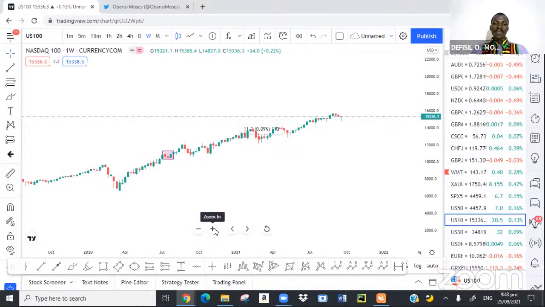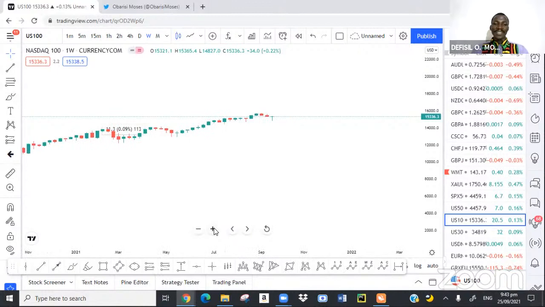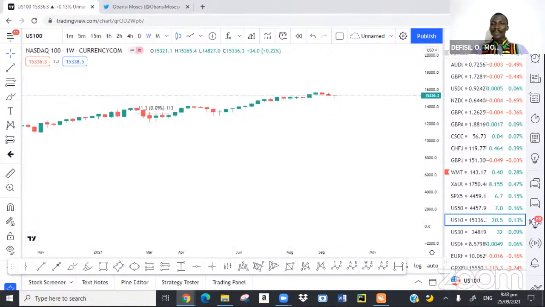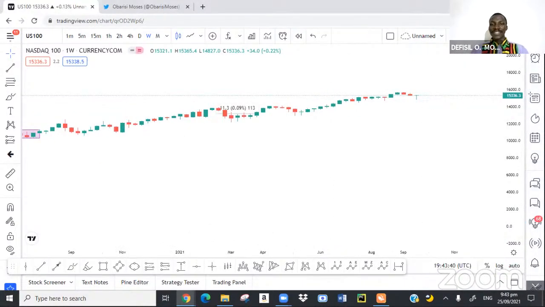I know some smart traders have already seen that. Now you can see the dragonfly doji over here, after 2 consecutive bearish weekly candles.